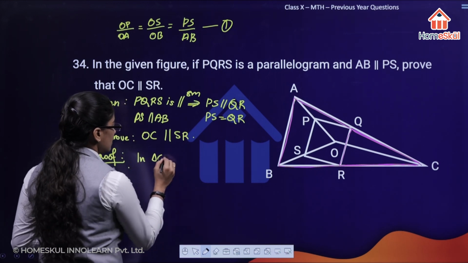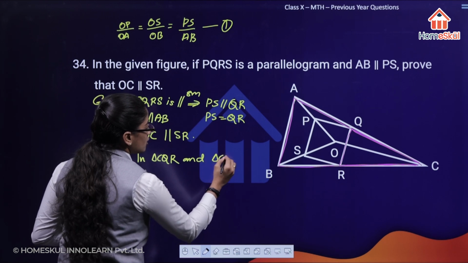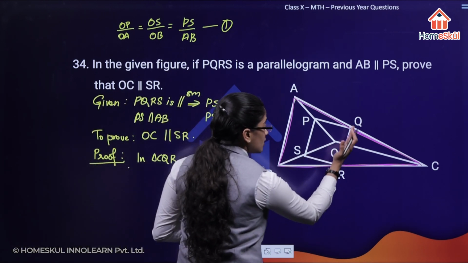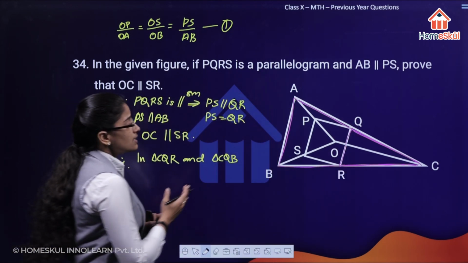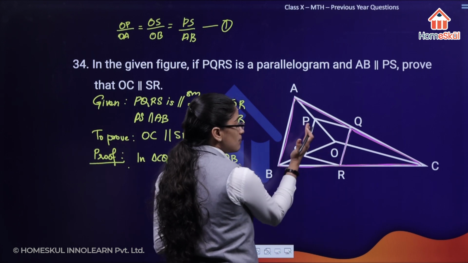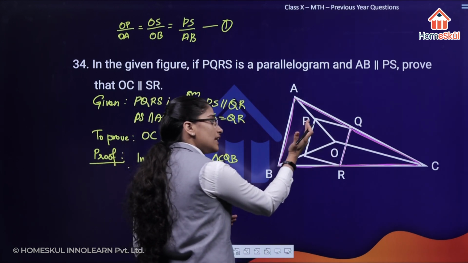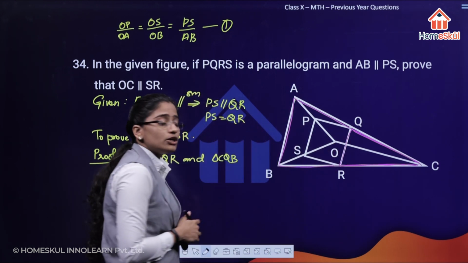In triangle CQR and in triangle CAB, there also we could say that QR is parallel to AB. Why is it given? Since PQRS is a parallelogram, PS is parallel to QR, isn't it? It is given that PS is parallel to AB, which means QR is parallel to AB.